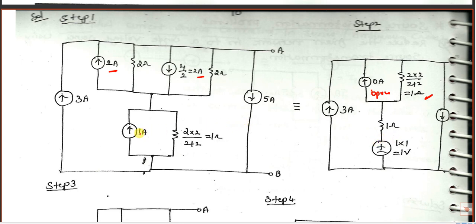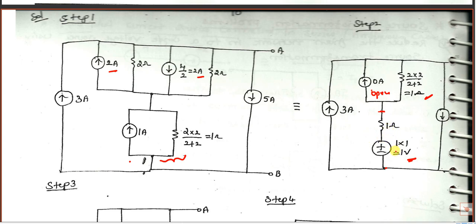Now this side we have 1 ohm and 1 amp, and this also you have to convert into a voltage source. I'm converting this into a voltage source. 1 ohm into 1 amp. V is equal to IR, I into R is 1 volt. Arrow mark side plus, and the same 1 ohm you have to connect in series here, between this and this.